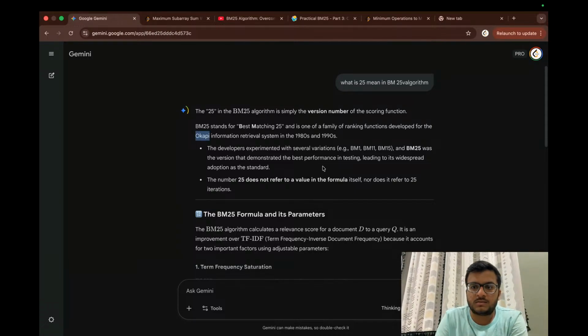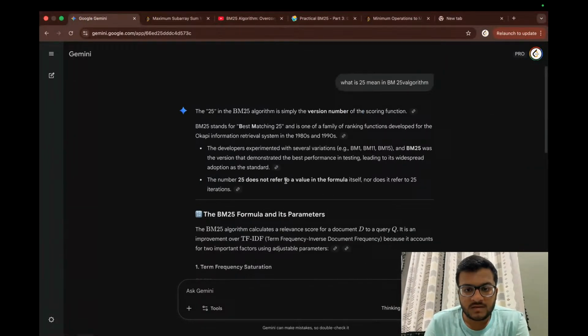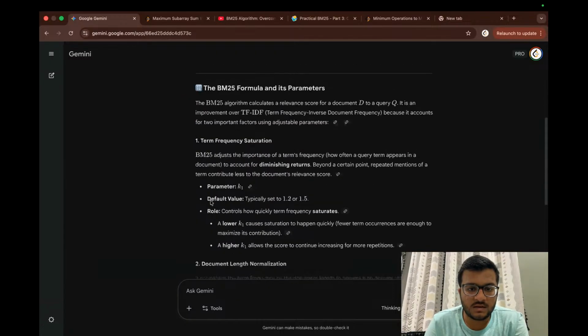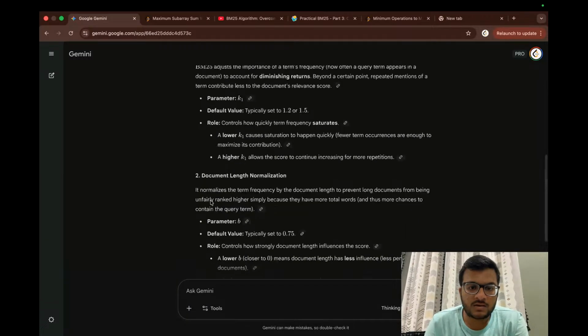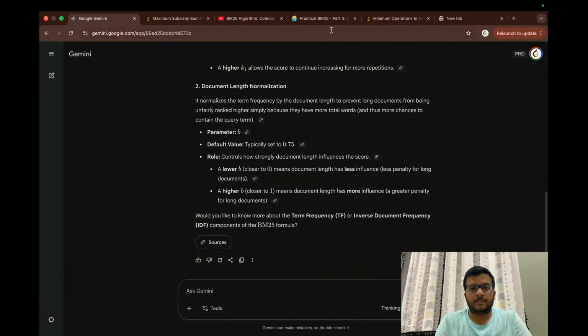Several variations; this version demonstrated the best performance. Look at the versioning, they tried to get to the perfect formula. It doesn't refer to the formula itself, nor to 25 iterations. K1 and B, we have just seen. So we are good.